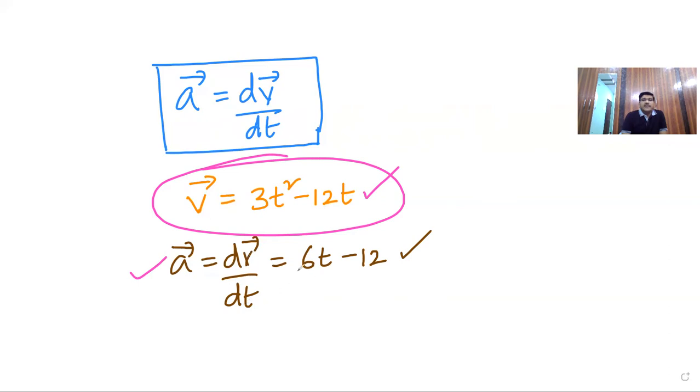So 3t square differentiation is 6t, and 12t differentiation is 12. 6t minus 12. That is the acceleration.